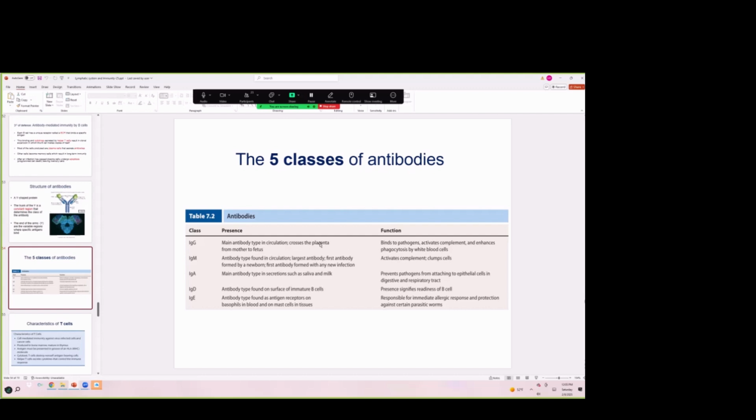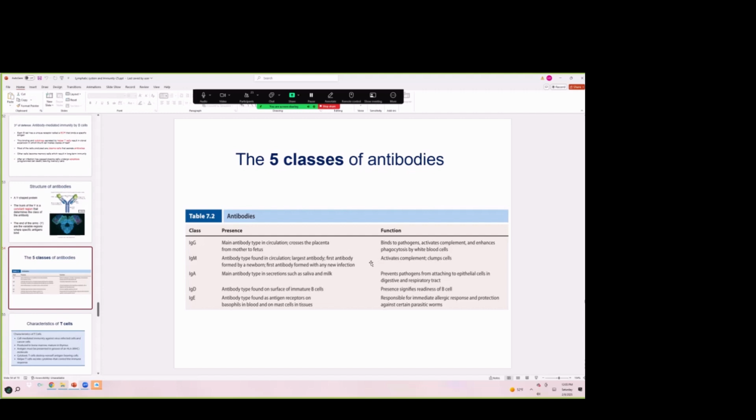It crosses the placenta of the pregnant mother to help the developing fetus in case any infections try to cross over to infect the baby. It is also the first that is formed when the baby's own immune system is forming.